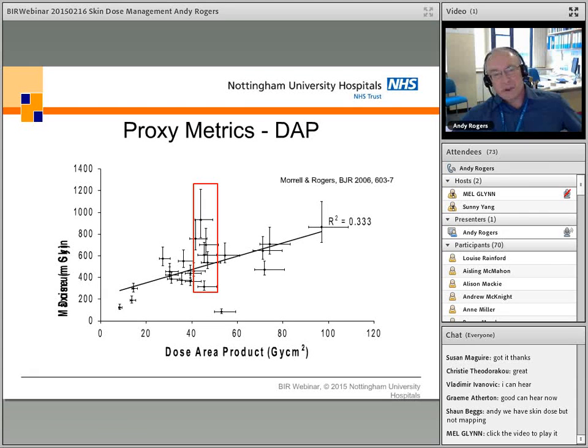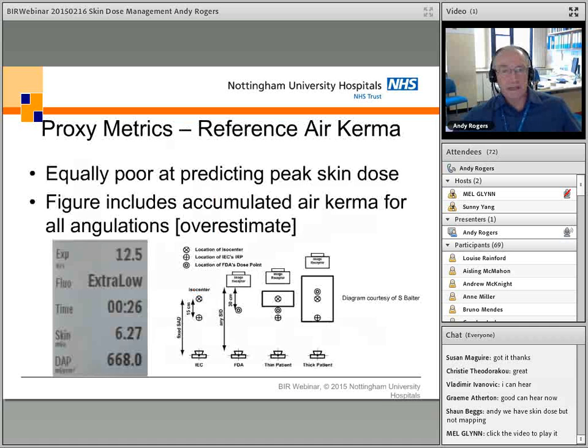I've taken the worst set of data on this curve, but what I'm trying to show here is that if you've got a particular dose area product from a procedure, then we've got a dose area product here of just over 40 gray centimeter squared, but actually for all the patients we looked at in a sample of about 30 or 40 that make up this cohort, the skin dose could be anywhere between 250 milligray up to about 1.3 gray if you look at all the error bars on the calibrations and the actual numbers themselves. So not a massively great predictor of skin dose, although it's the best we've got in a lot of cases.